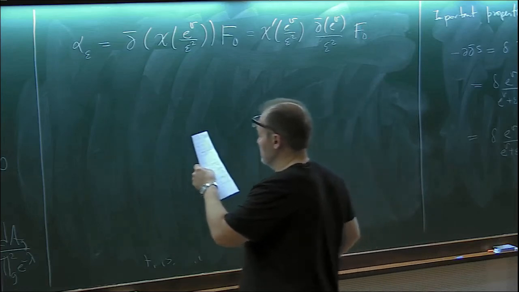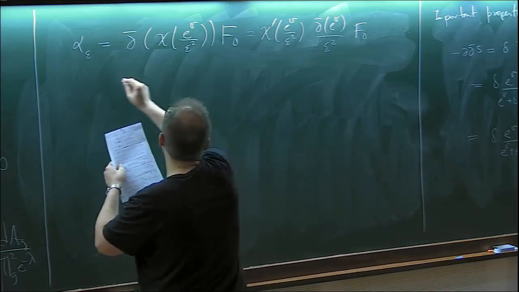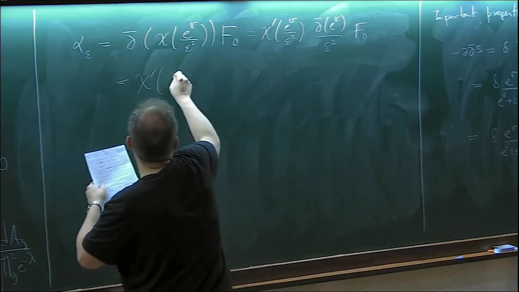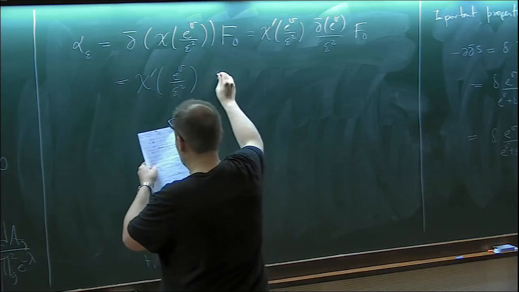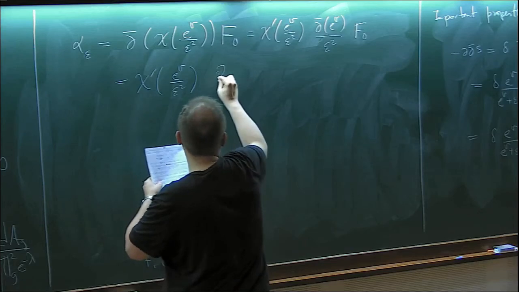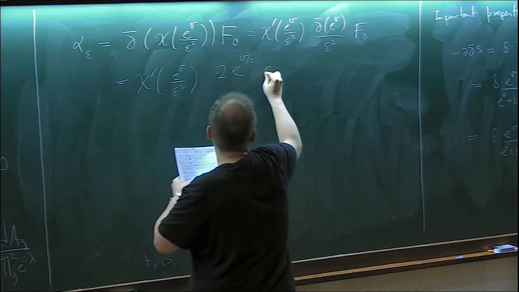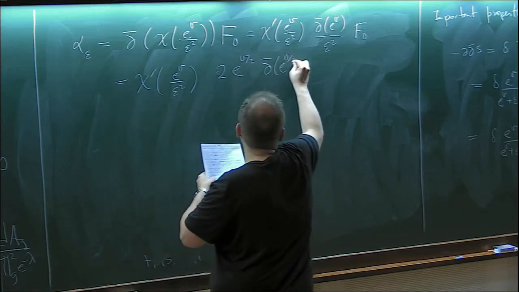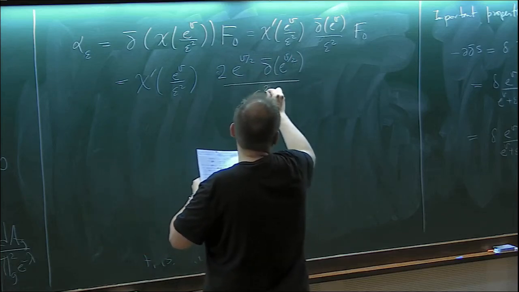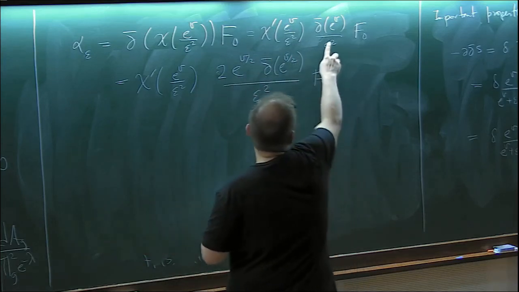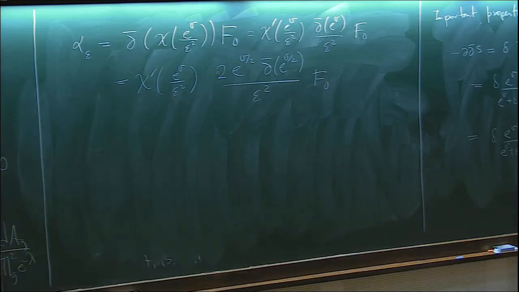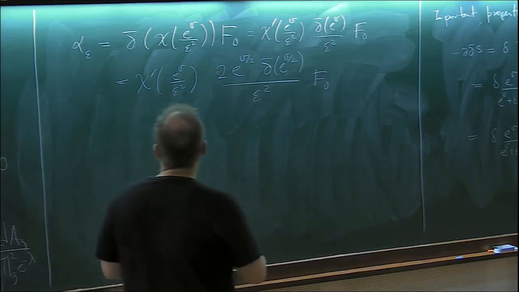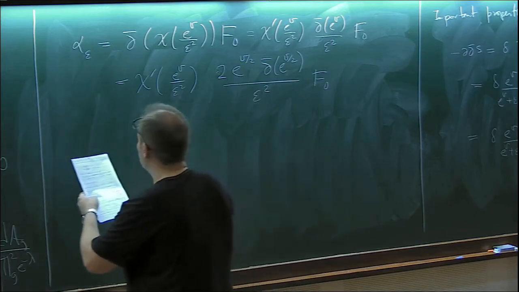And now I'm going to write this as chi prime e to the v over epsilon squared, and this will be 2 e to the v over 2 d bar e to the v over 2 divided by epsilon squared f0. So just think of e to the v as e to the v over 2 squared and apply the chain rule.